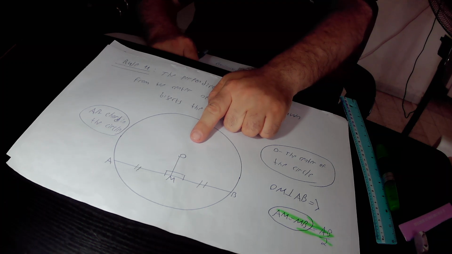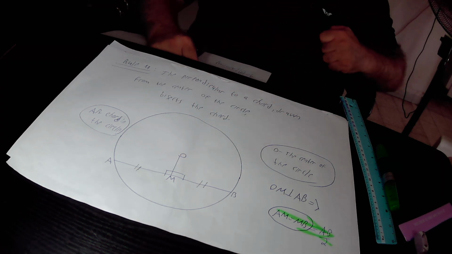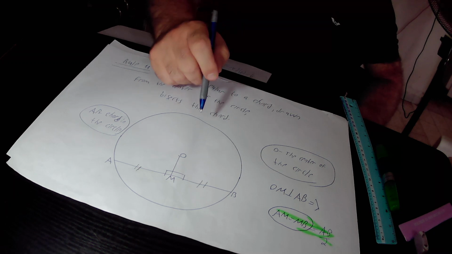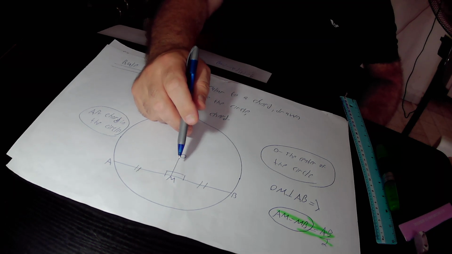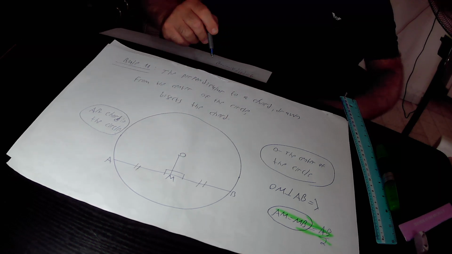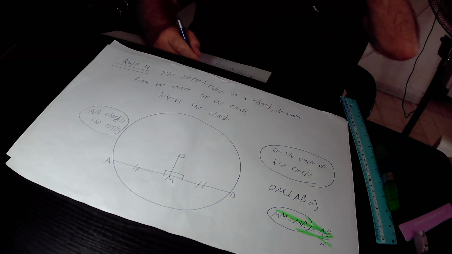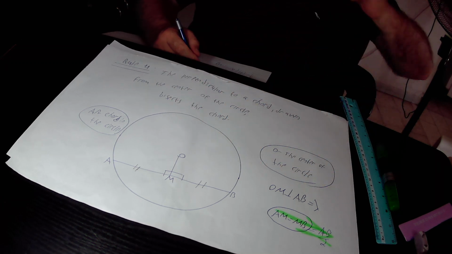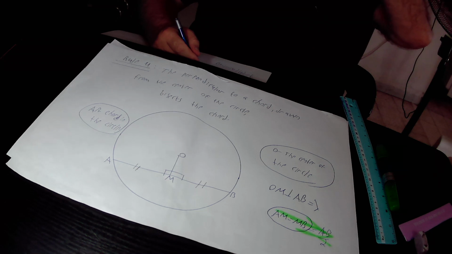From point O we have here perpendicular OM. That is to say, this angle equals 90 degrees, and this angle equals 90 degrees, according to our construction. Actually, perpendicular OM is drawn on chord AB.